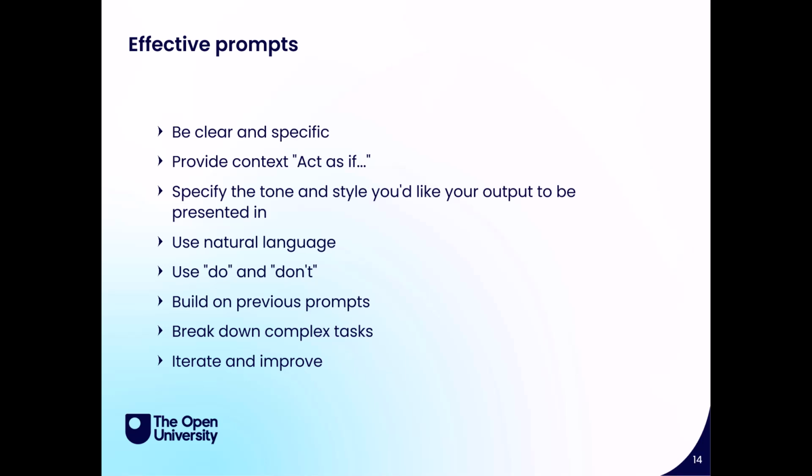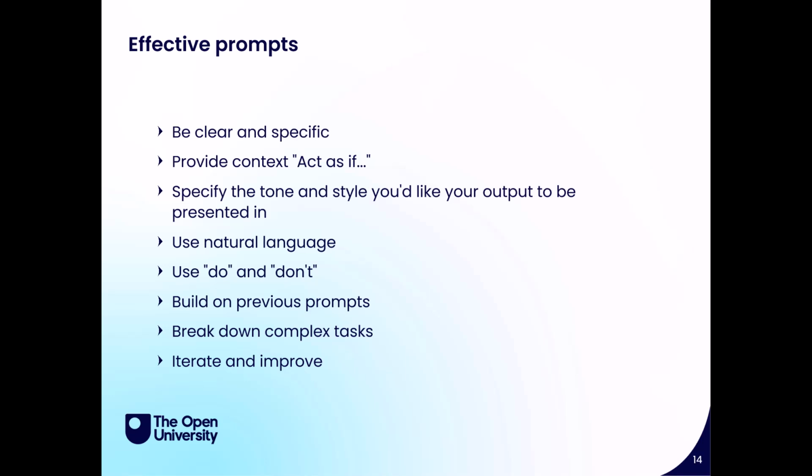You don't need to start again. If the task is complex, break it down into smaller subtasks or steps. Ask the AI to tackle each step individually. Be patient. Be prepared to change or refine your prompts, as you may not always get the perfect response first time.